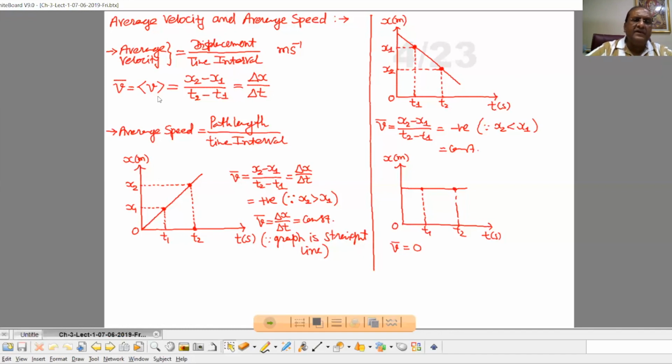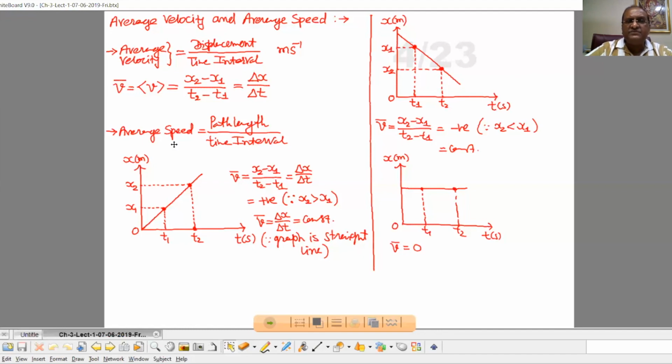And displacement, that is change in position, that is x2 minus x1, upon time interval t2 minus t1. So we can write that as delta x by delta t. So this is the average velocity.